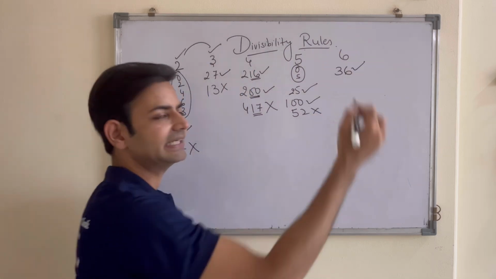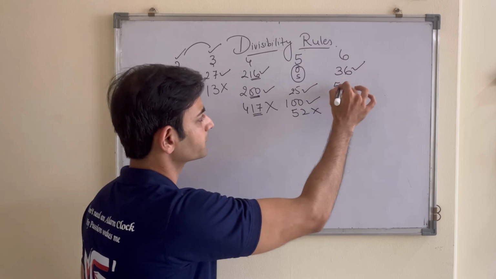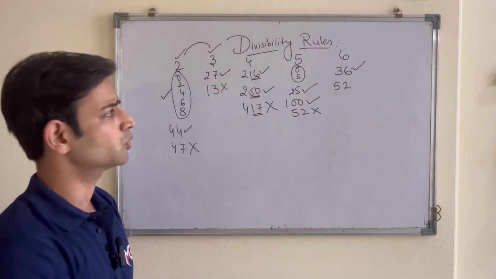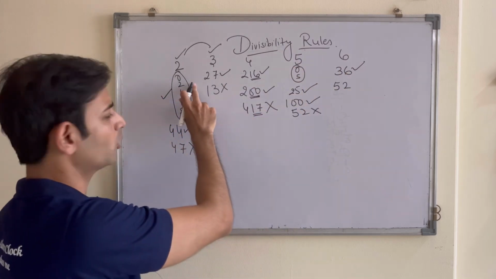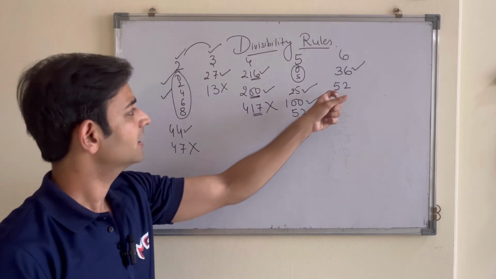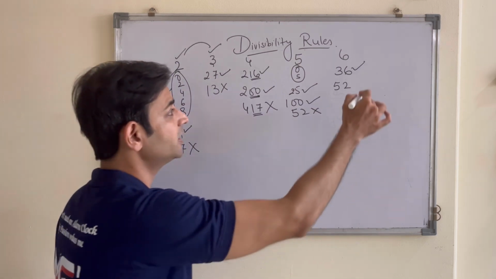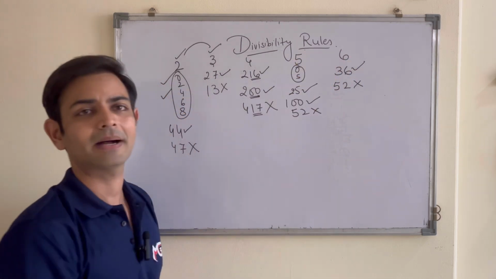So 36 is divisible by 6. If I have the number 52, it has 2 in the end, so it follows the rule of 2, so by 2 it is yes divisible. For 3, 5 plus 2 is 7, which is not divisible by 3, so 52 will not be divisible by 6.